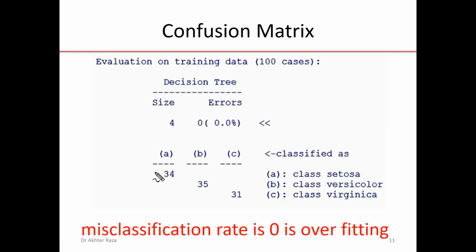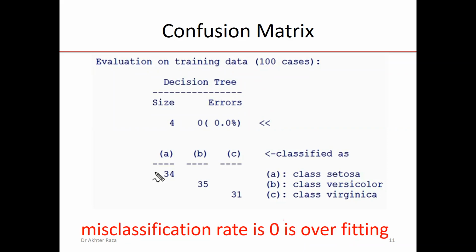It is called overfitting. Underfitting and overfitting, these are the two issues in a model. Overfitting means it is identifying 100% correctly. We are not expecting 100% accuracy, we are expecting 90 to 95% accuracy.